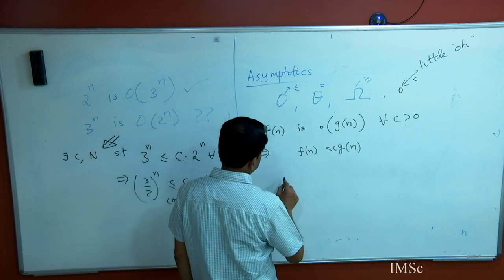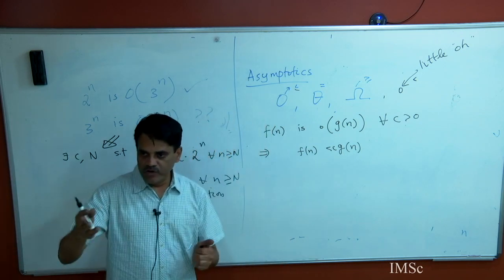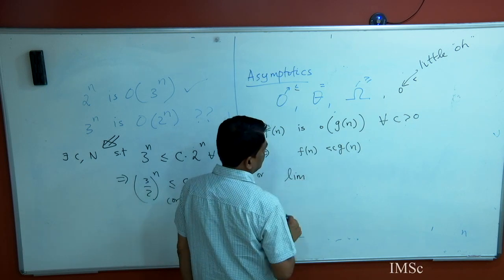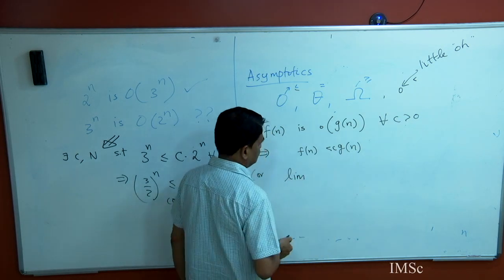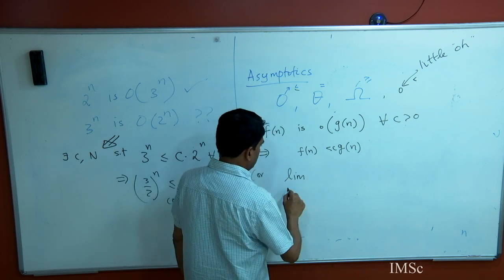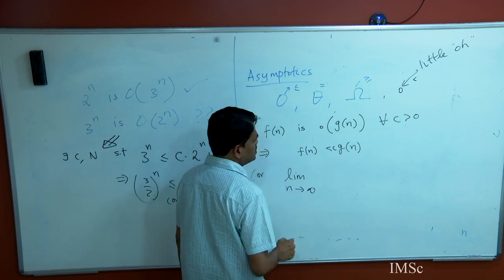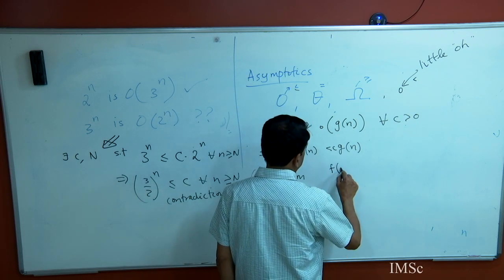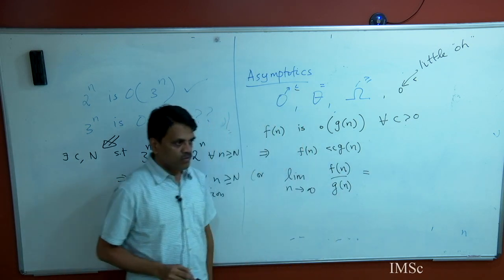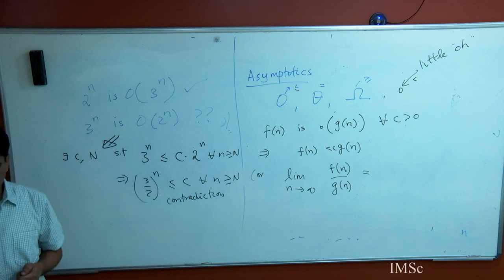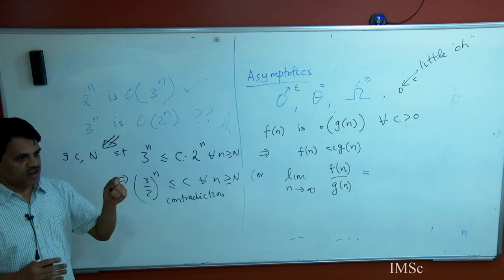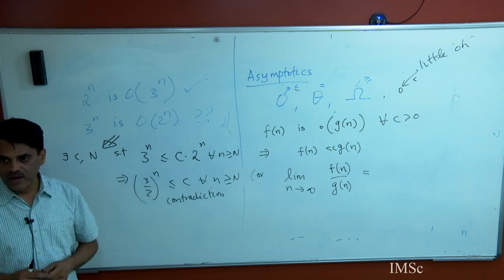An equivalent definition which many of you can easily relate to is this, that f(n) by g(n), what do you think? f(n) is a strictly slower growing function than g(n).